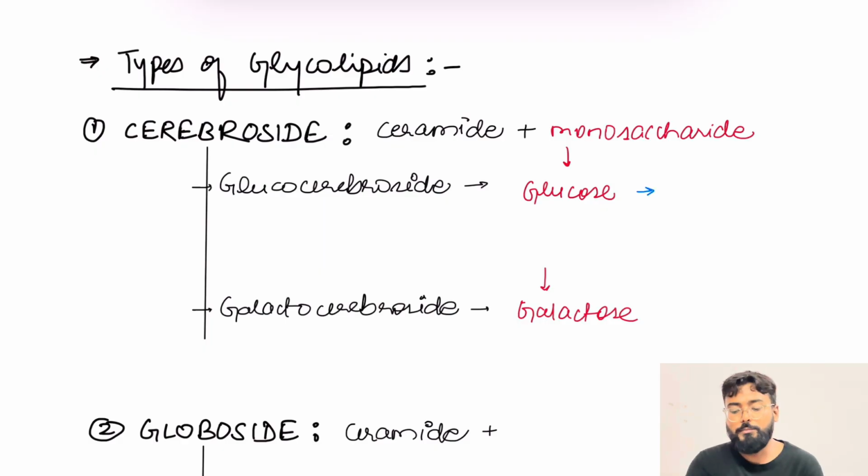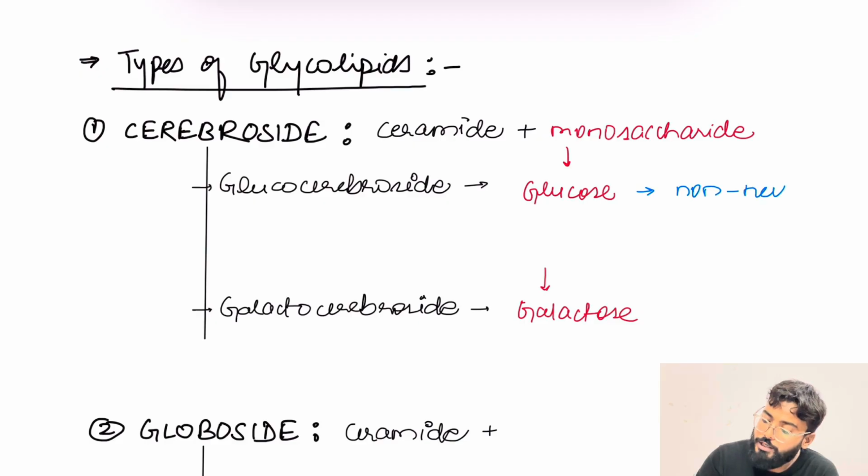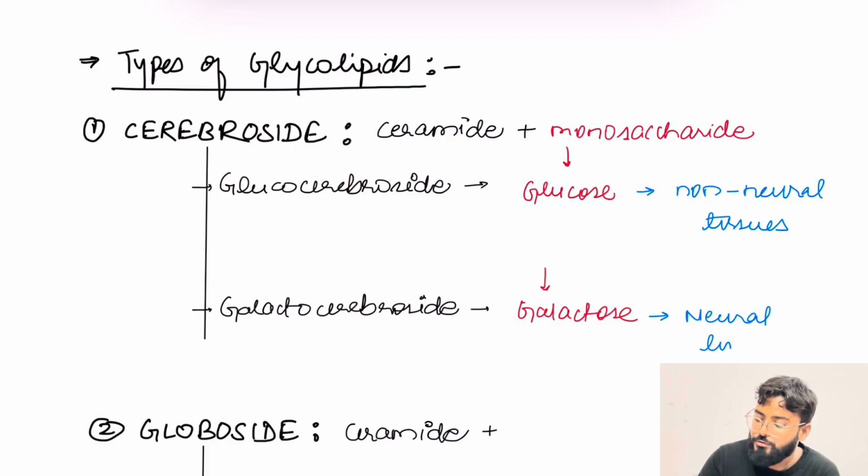Glucocerebrosides are found in non-neural tissues, and galactocerebroside is found in neural tissues.